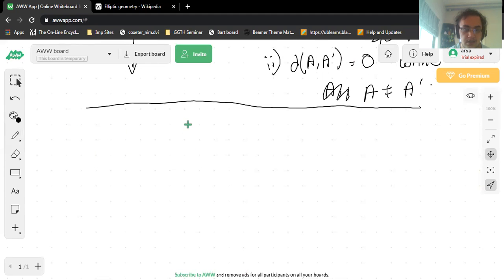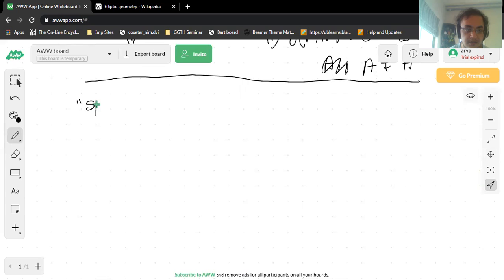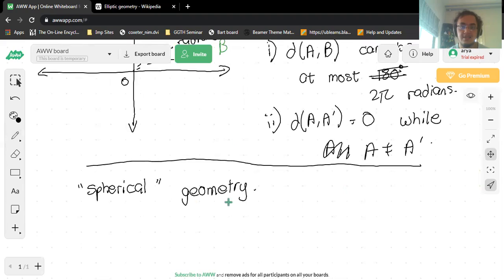So the sphere, spherical geometry. A priori, a geometry can have different models.